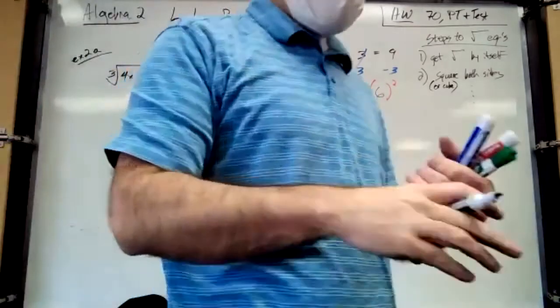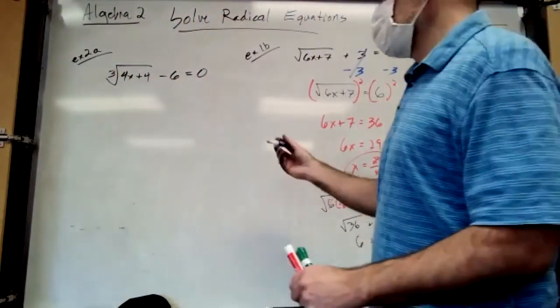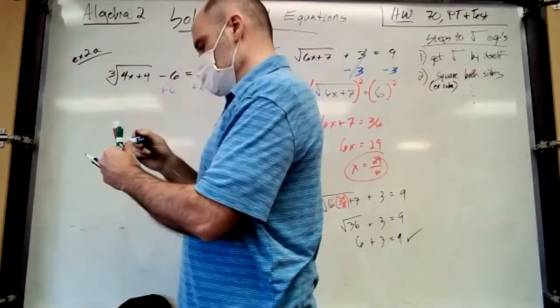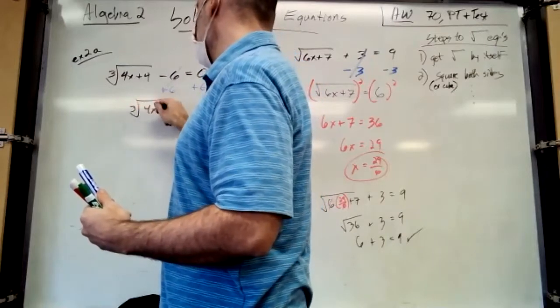What do you do first? Get rid of the minus 6. Yeah, so we're going to add 6 to both sides, no problem. So then we get cube root of 4x plus 4 equals 6.